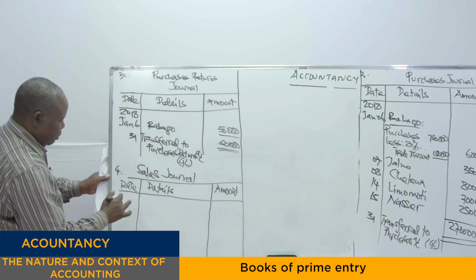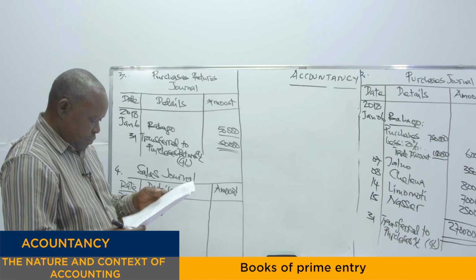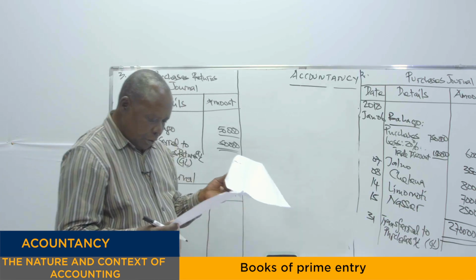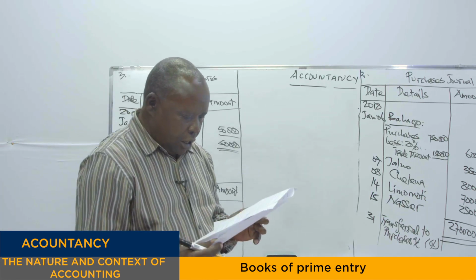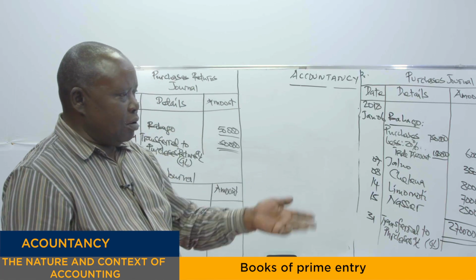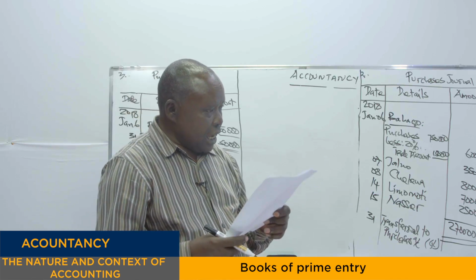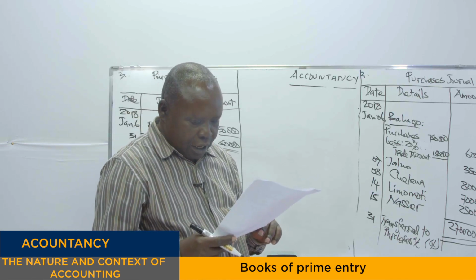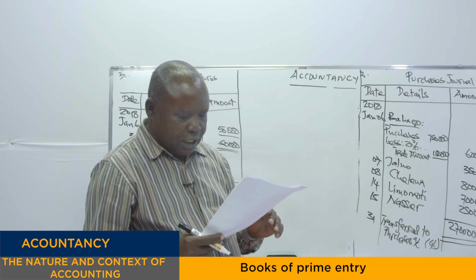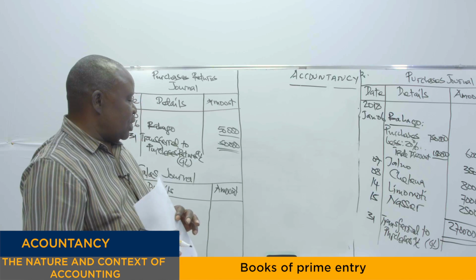Our year is the same, that is 2018. So on 13th of January, we sold goods on credit to La Ala, Tanzania shillings 575,000. We sold goods, no trade discount.